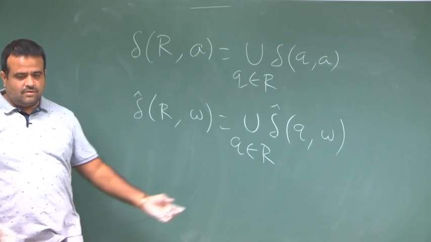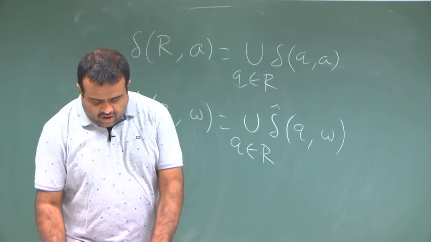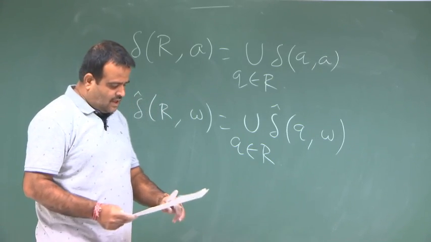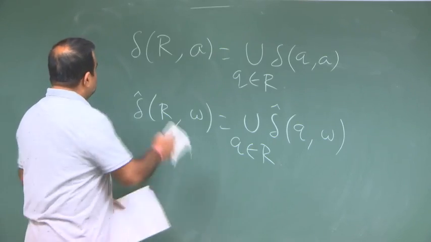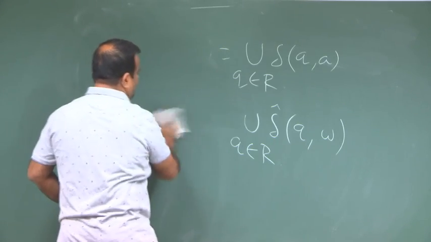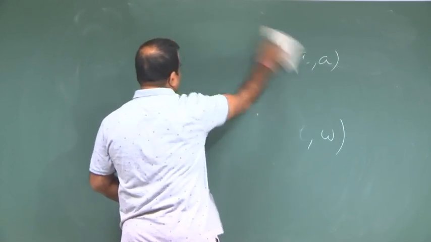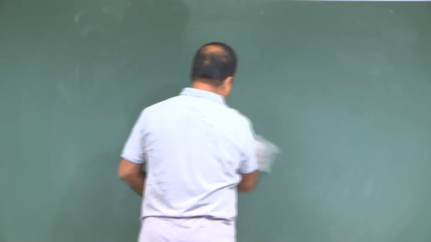This is the way we are defining it. Now we are going to define when a string is accepted by the ε-NFA.